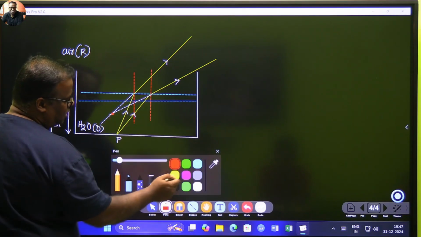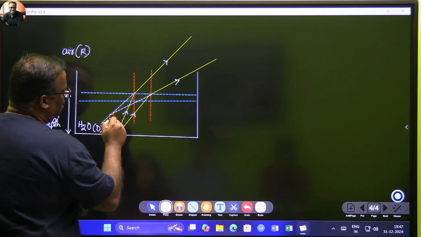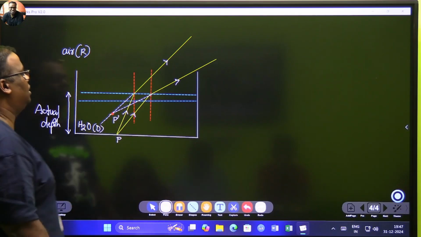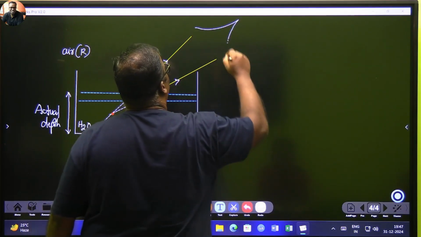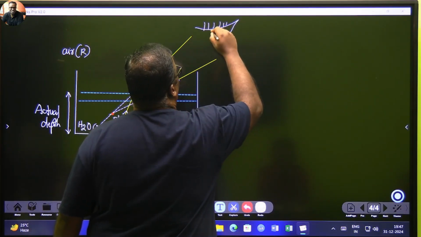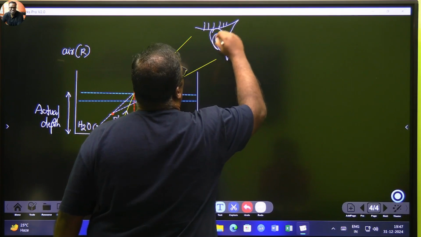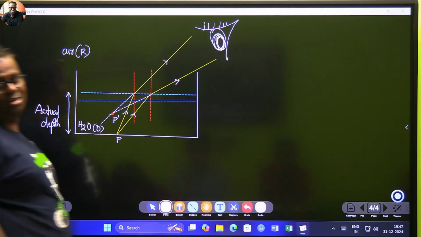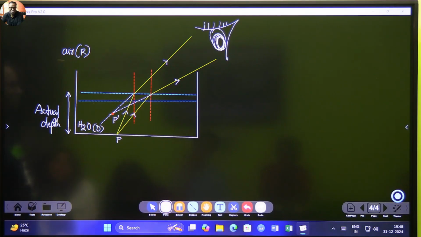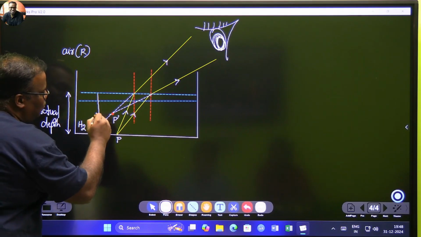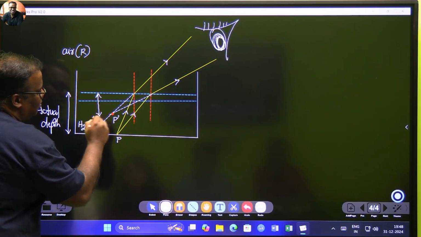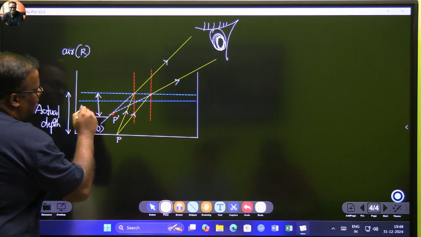This is nothing but the depth of the pool that our friend Kirtan is watching when he's watching it from outside. Did you get it? So this is the actual depth. And what is the apparent depth that you are feeling? This one. Apparent.